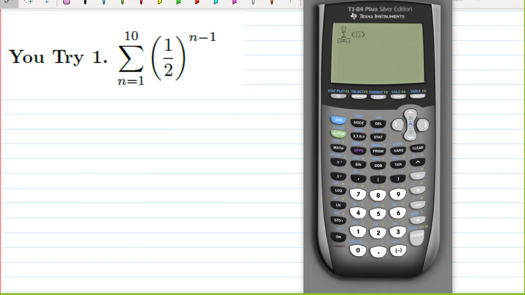does it matter if I use n? And the answer is no, as long as it's consistent. A lot of people just like to type x because it's easier to get.